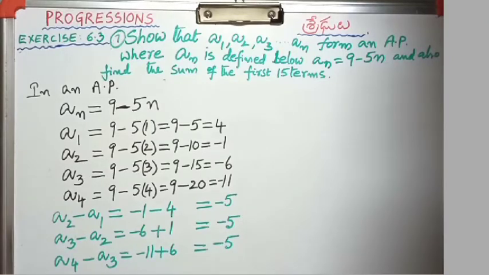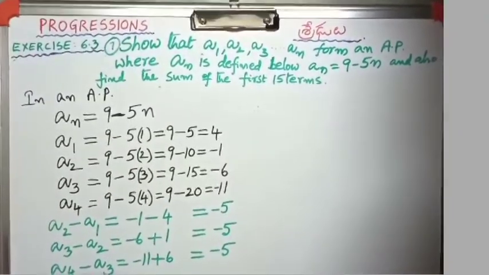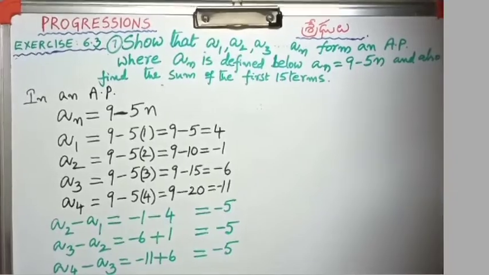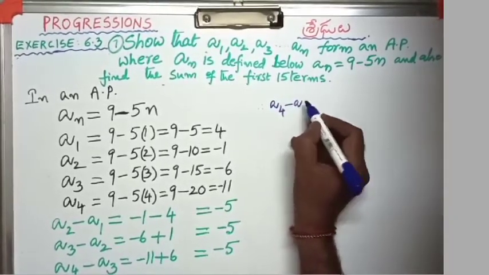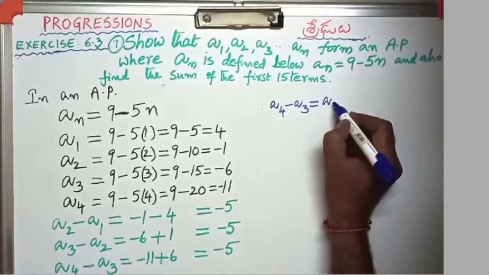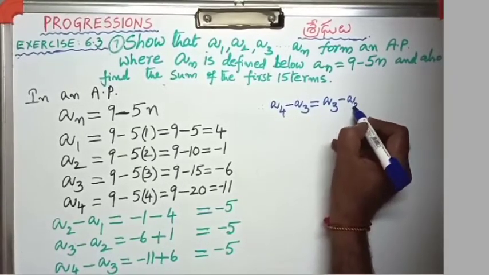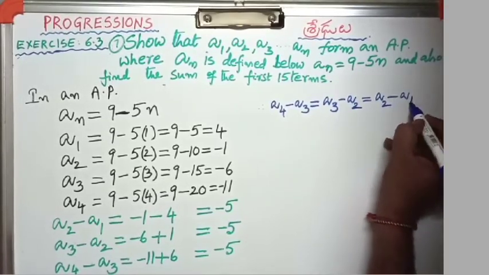So you will get, therefore, A4 minus A3 is equal to A3 minus A2 is equal to A2 minus A1.